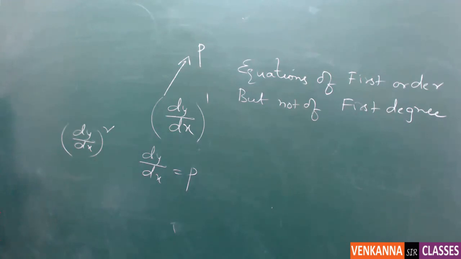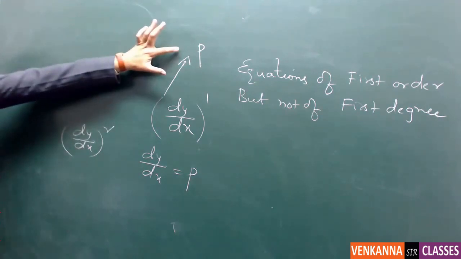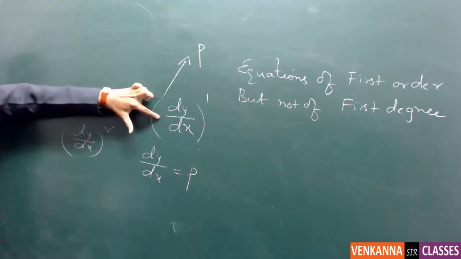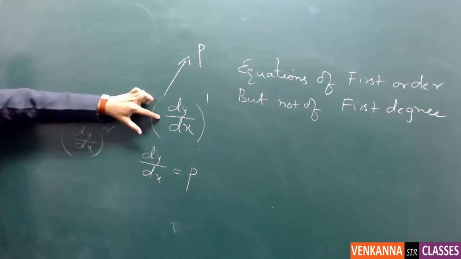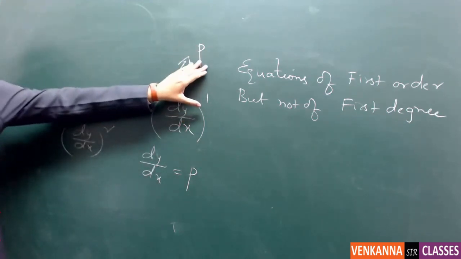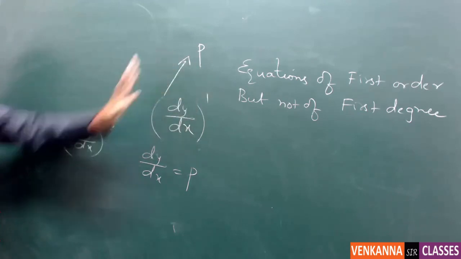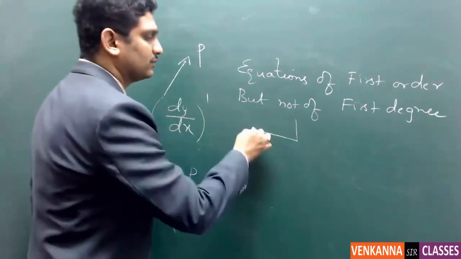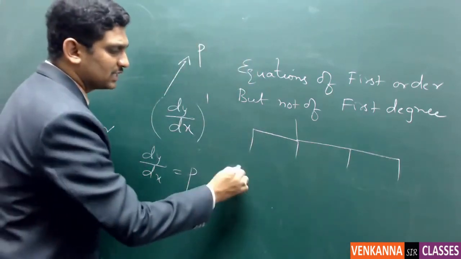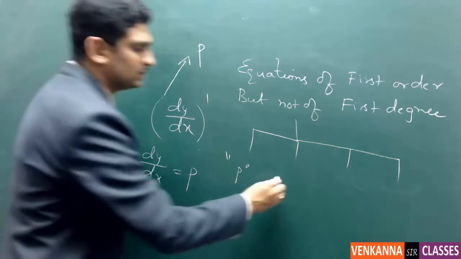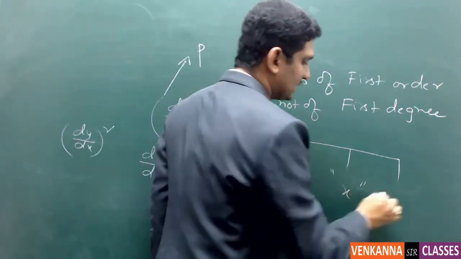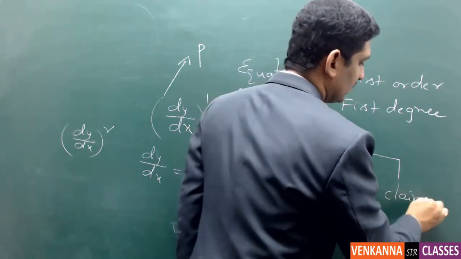So from here onwards, whenever the symbol p is present in the equation, we have to understand that p is nothing but the differential dy by dx. Every problem under this category is classified into 4 models: equations solvable for p, solvable for y, solvable for x, and Clairaut's equation.